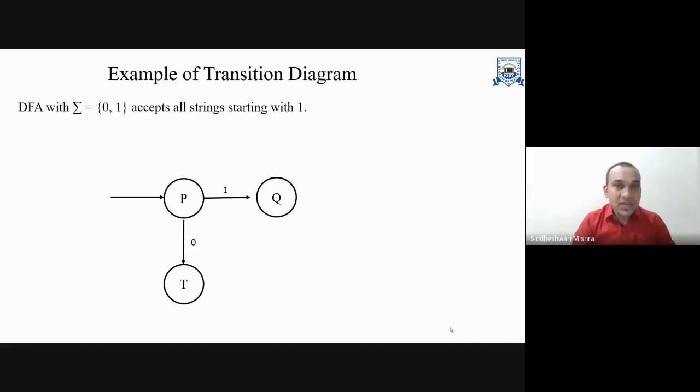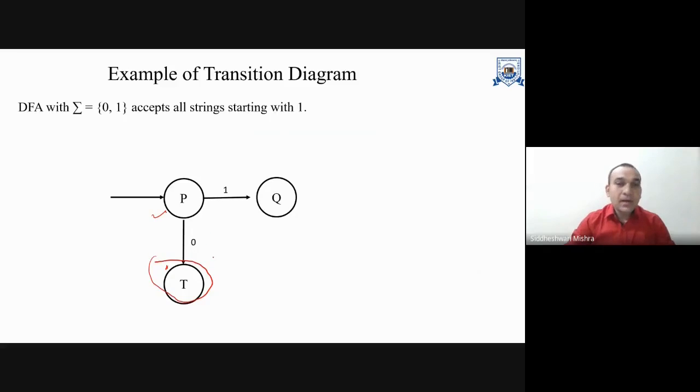Our next target is, because this DFA has to accept only strings starting with 1, not starting with 0. So the state coming from P to T is not useful for us.